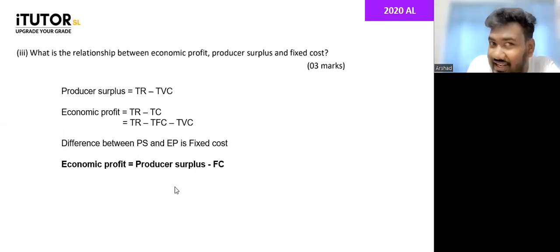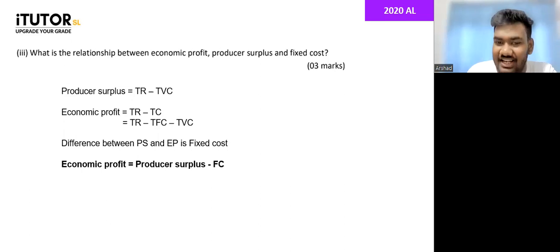Think, guys, take a minute and think. What is producer surplus? Producer surplus is total revenue minus variable cost. From that, if you subtract the fixed cost also, you get economic profit, right? This is correct.